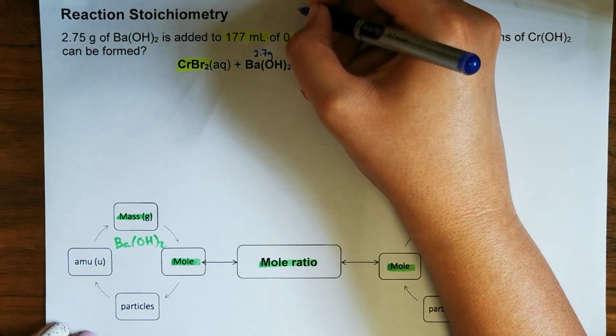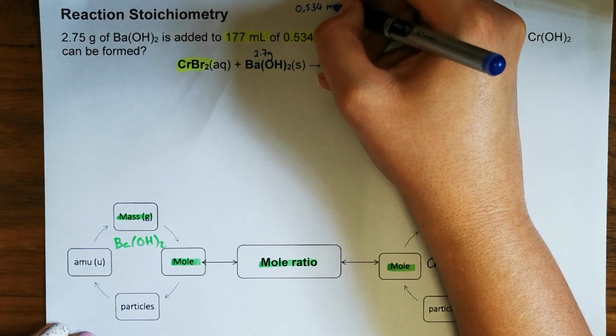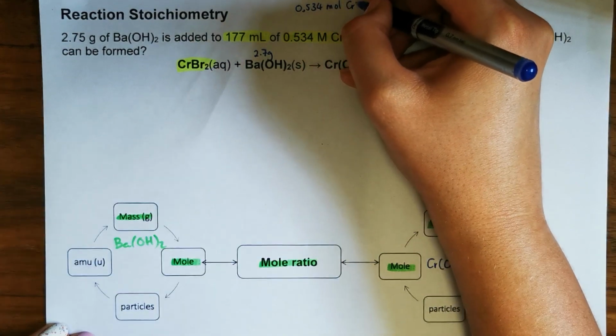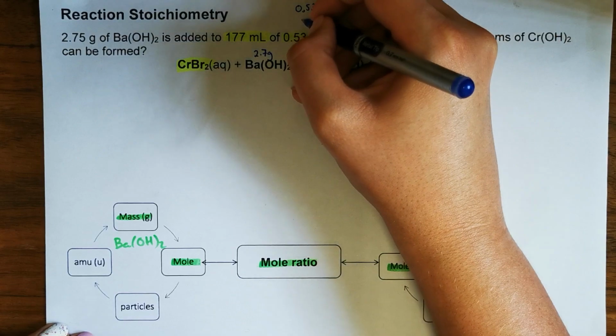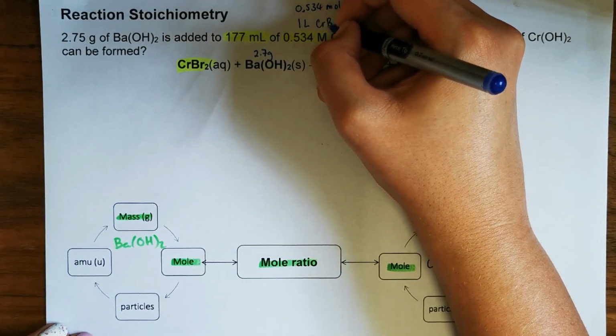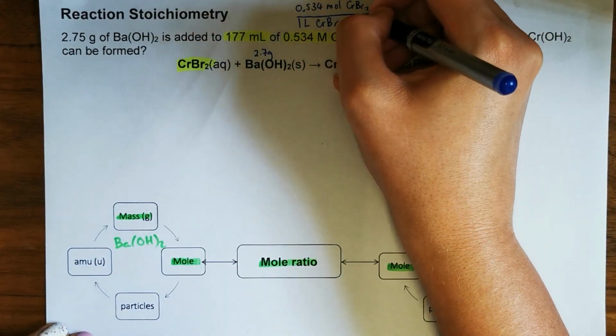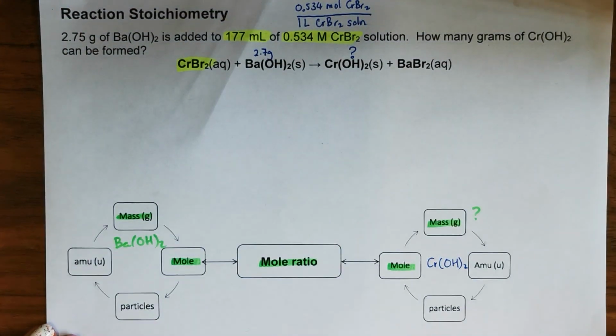So really what we're stating here is 0.534 moles of chromium bromide are found in a 1 liter chromium bromide solution. Very good.